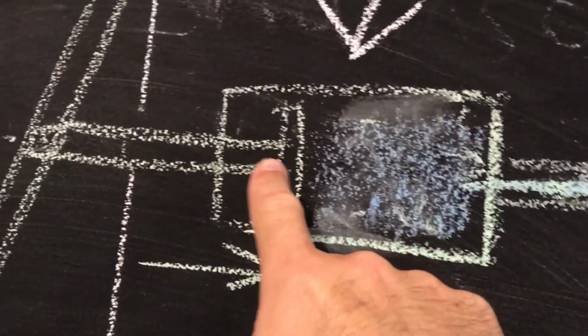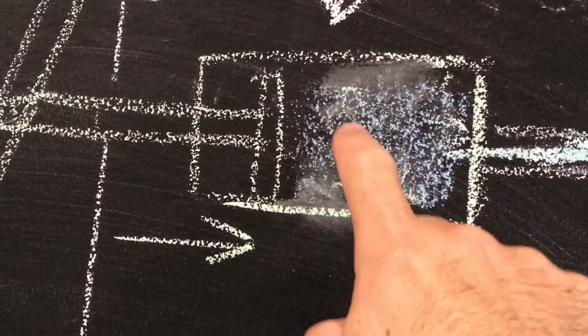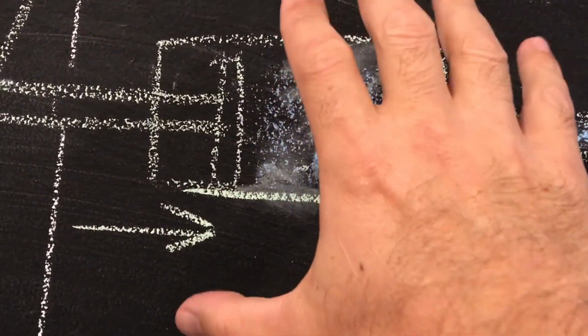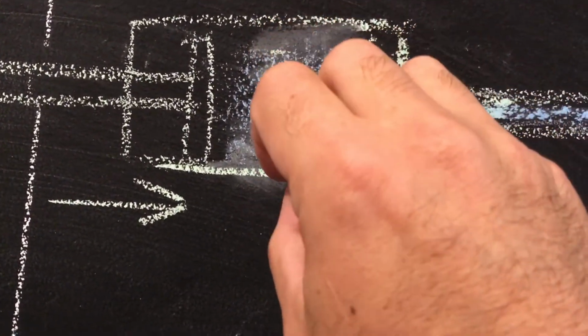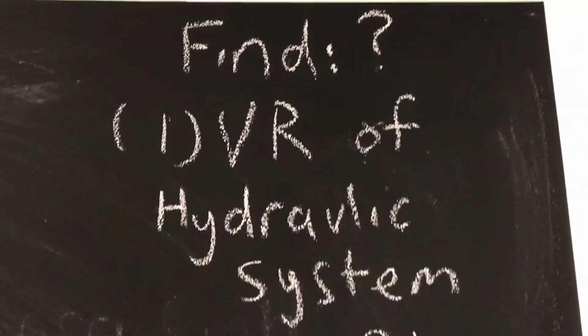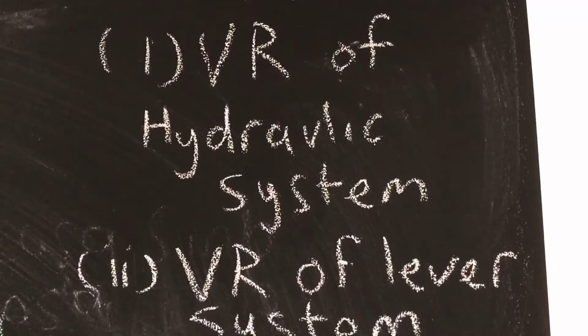So when the piston drives down on this fluid, the pressure increases, and according to Pascal's law, the pressure is exerted in the same amount in all directions. But what that also means is that when we change the size of our piston, something magical happens, and that's what we'll be discussing in this video for the first part, because this question is asking you to find the velocity ratio.